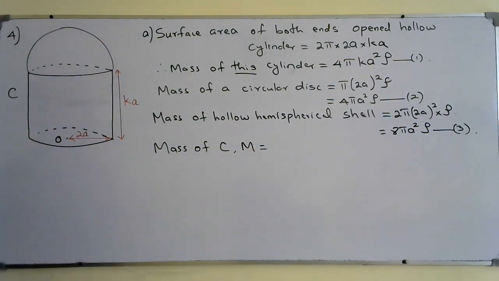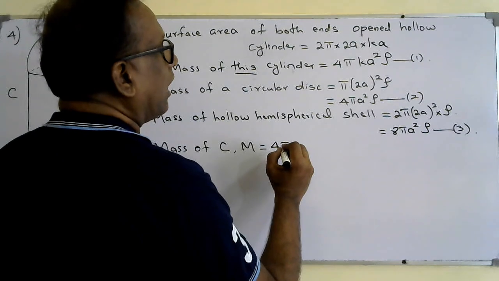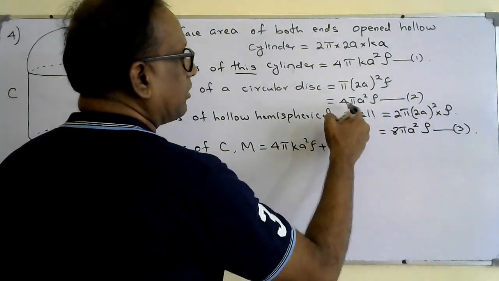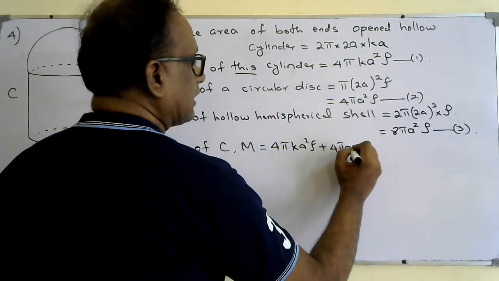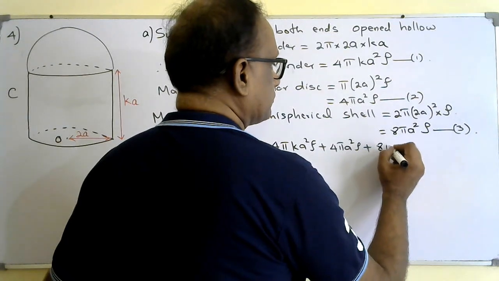Okay, so mass of C, M. That is going to be, add all these three. So that is 4 pi Ka squared rho plus 4 pi A squared rho plus 8 pi A squared rho.